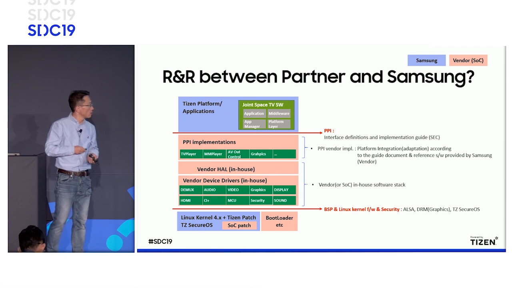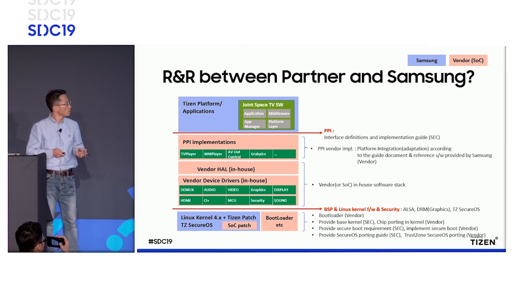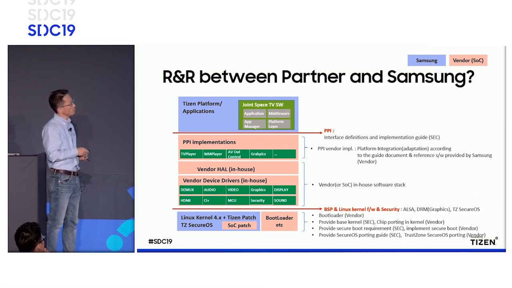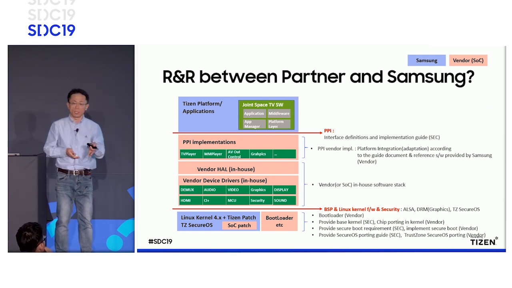This is the other requirement for you to make the Tizen TV. So basically, bootloader is your responsibility, this bit. And we provide the base kernel to you, then chip porting in kernel should be done by the vendor.